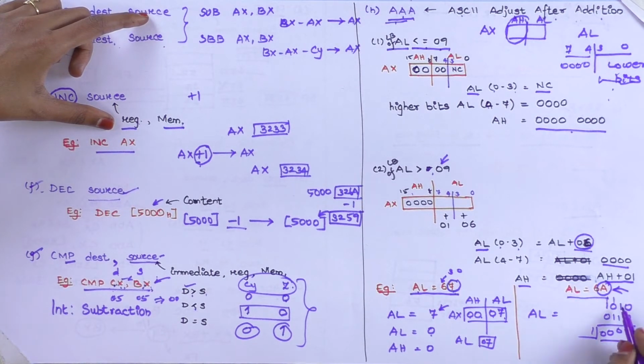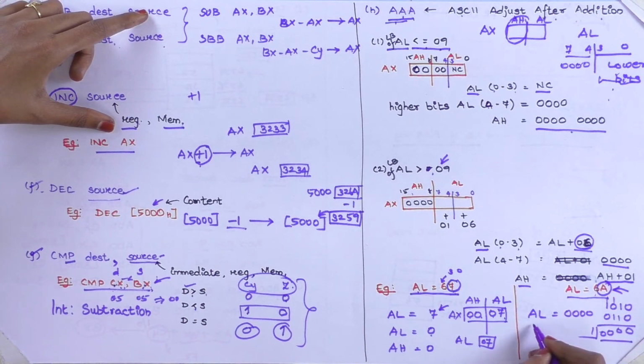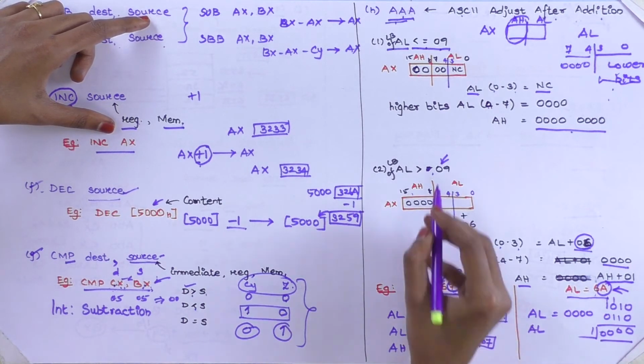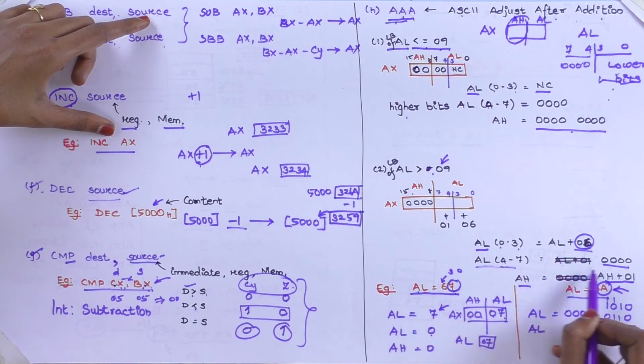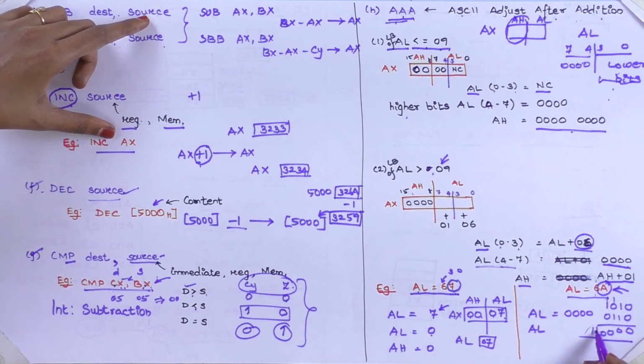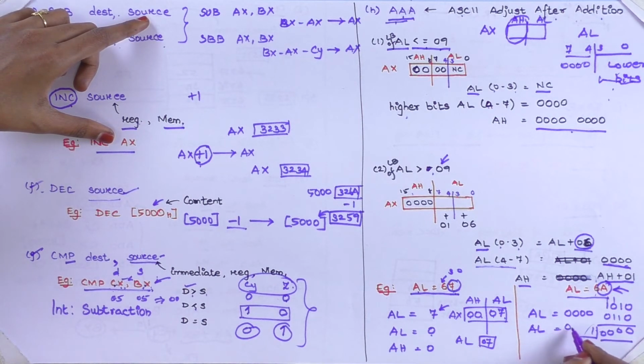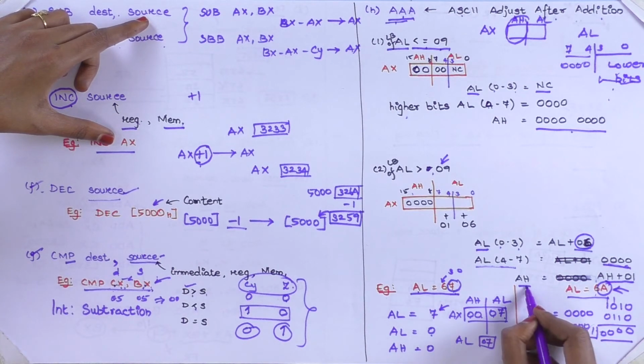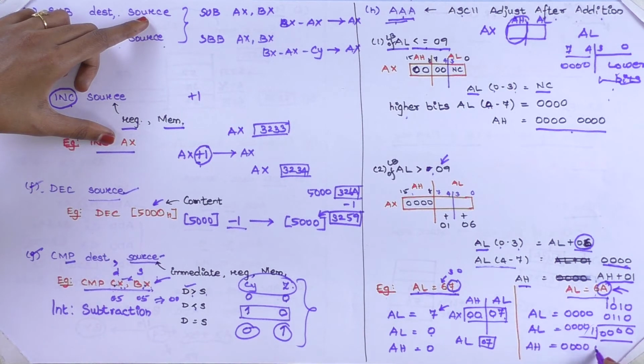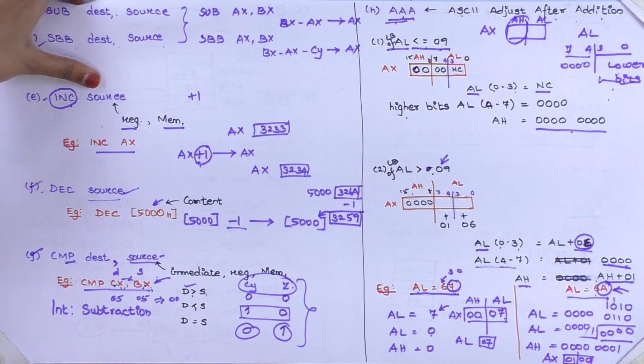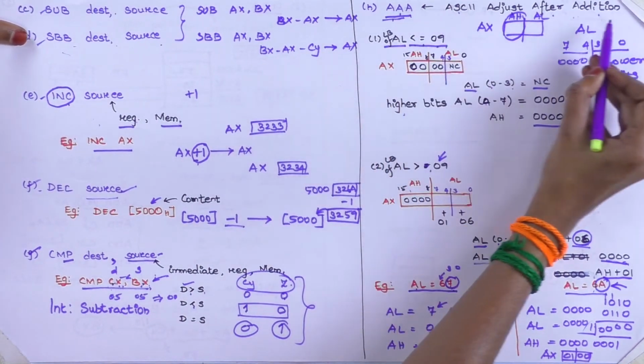After adding 6 we get the value 0000 in the lower bits, with a carry. Now the higher bits of AL will become 0, so the carry is not kept in AL, and the AH value will be incremented by 1. So as a whole, the AX value will be 0100. So this instruction will be used after addition.